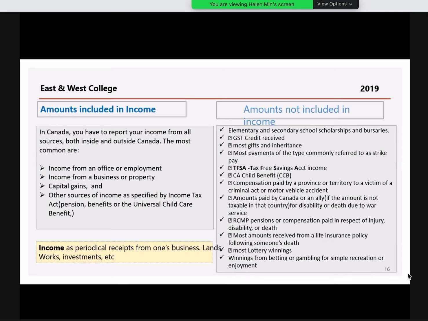Inheritance, yes: if the parents give money, a house or something to their children, this is not taxable. But my advice is this.